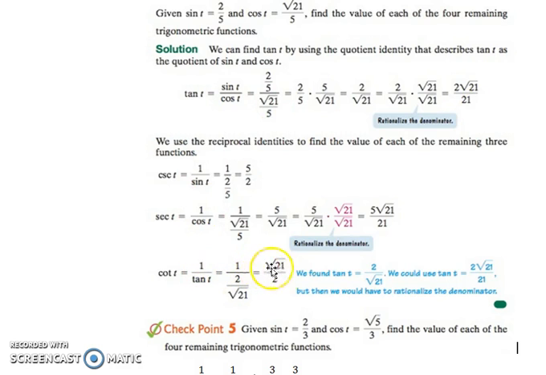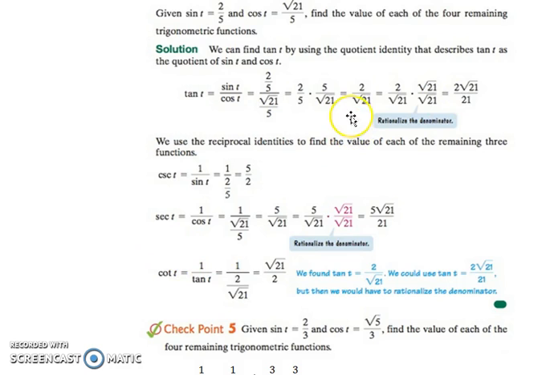You can go through this same process here, by putting cosine over sine, or instead of having to rationalize the denominator again, notice they didn't take the answer for tangent and put 1 over that.